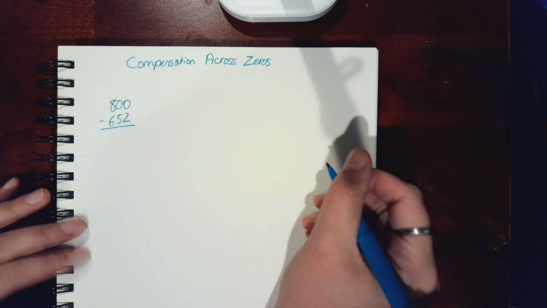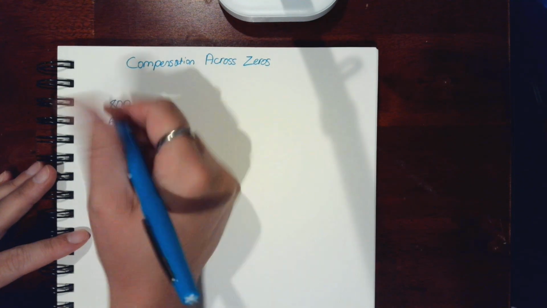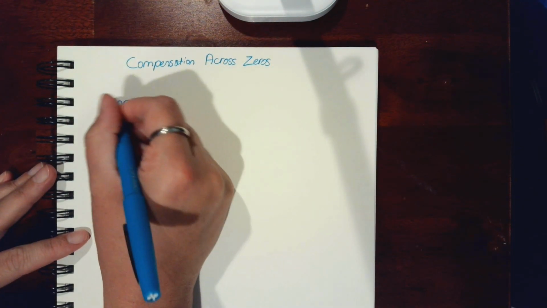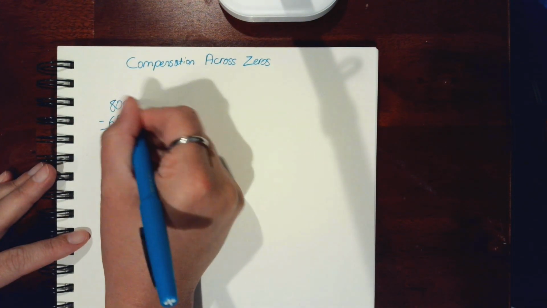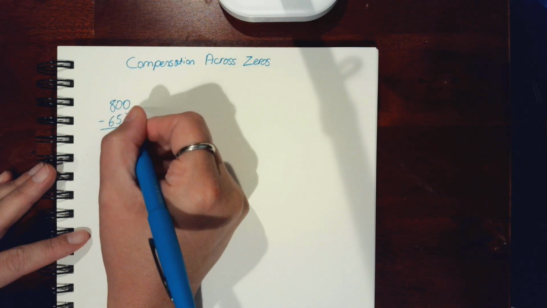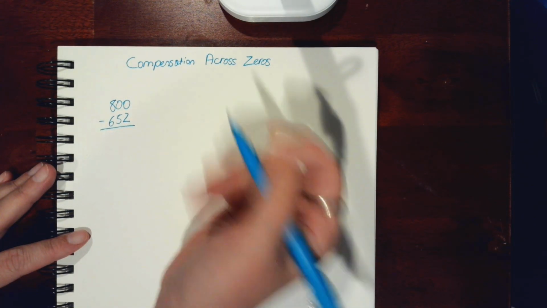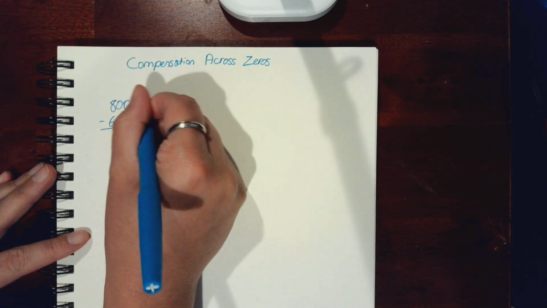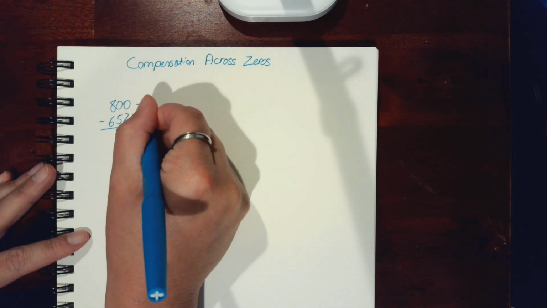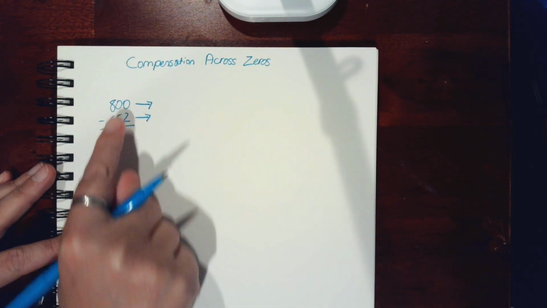Now, if I were to solve this the traditional way, I would have to do a lot of regrouping here, which we will get to. Instead of doing a lot of regrouping, I am going to do something that will make it a lot easier.